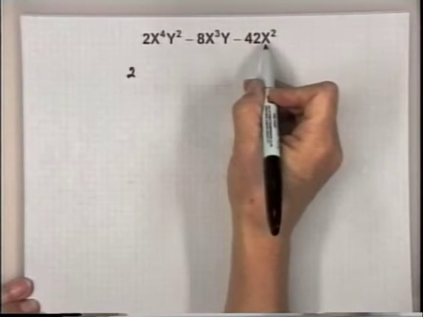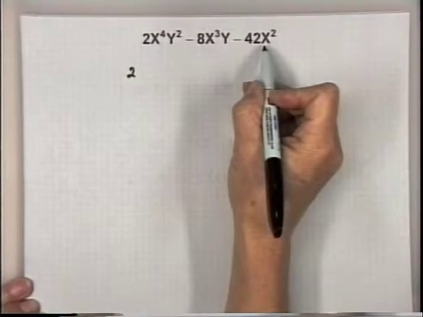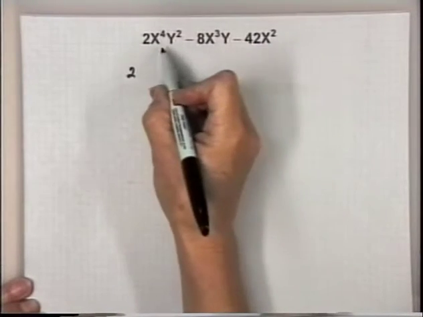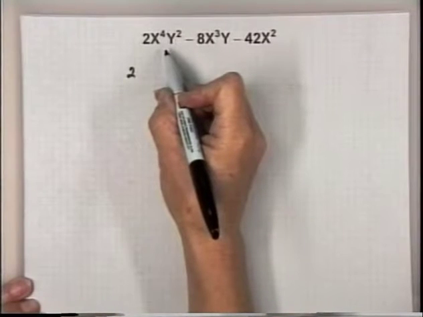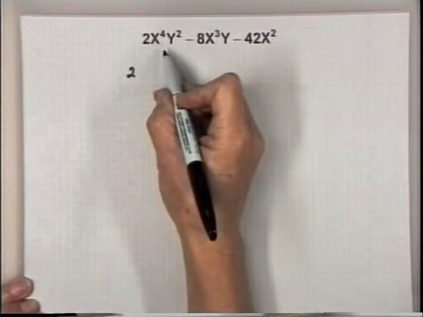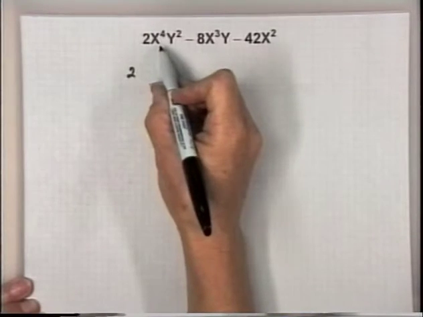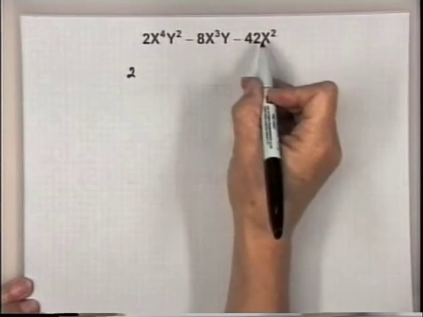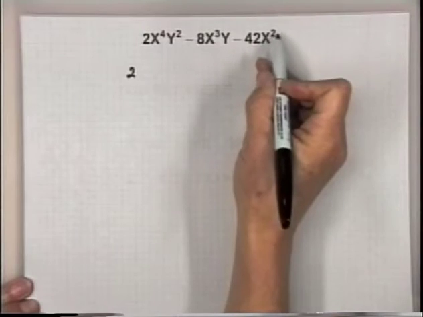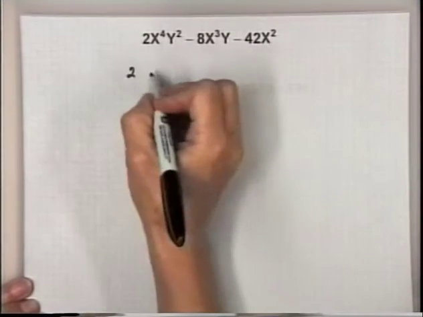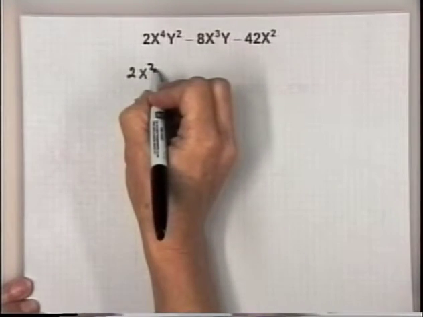We have an x in every one of these terms. When we factor out variables, remember we can factor out the variable with the smallest exponent. So between x to the fourth, x cubed, and x squared, the 2 is my smallest exponent. So we can factor out x squared.